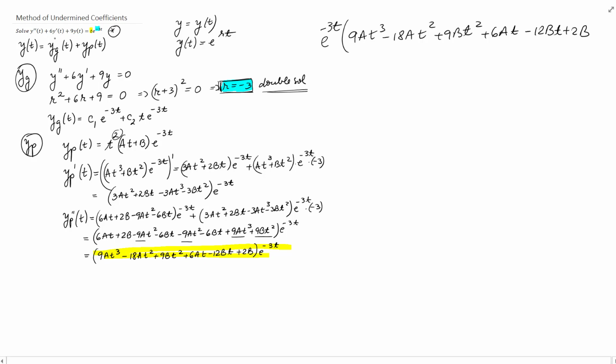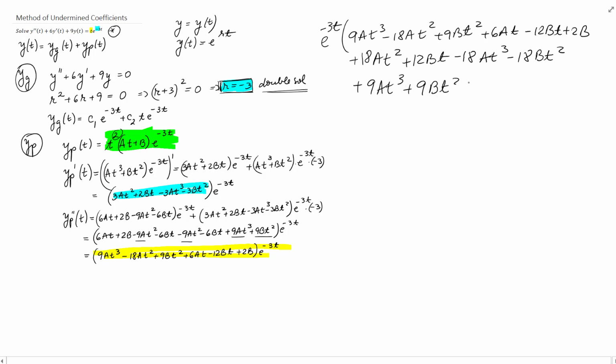Now, the next term is plus 6y prime, so I multiply by 6 and get plus 18at squared plus 12bt minus 18at cubed minus 18bt squared. Then I add 9y, which means plus 9at cubed plus 9bt squared, and everything equals t e to negative 3t.